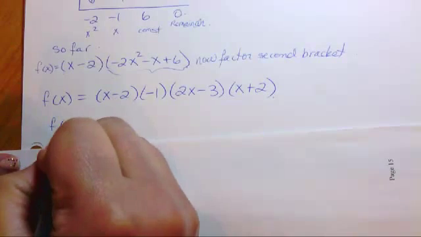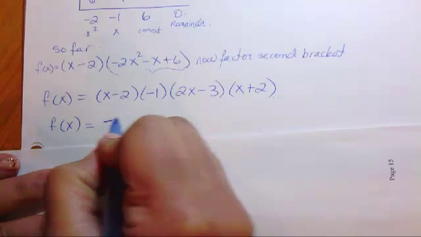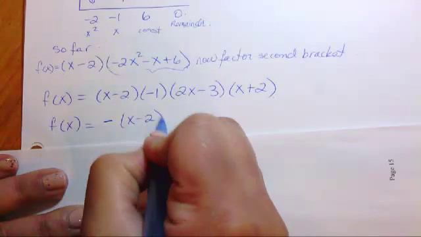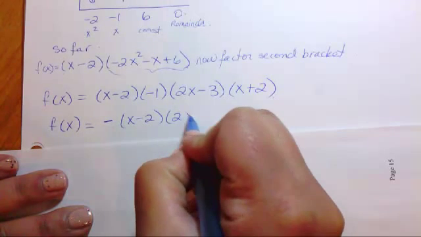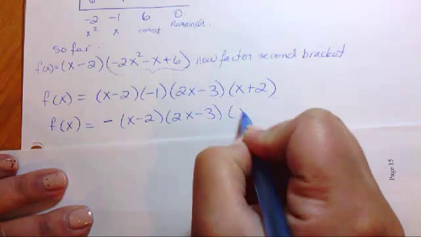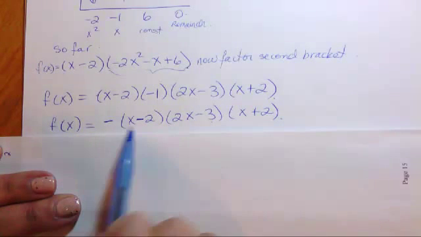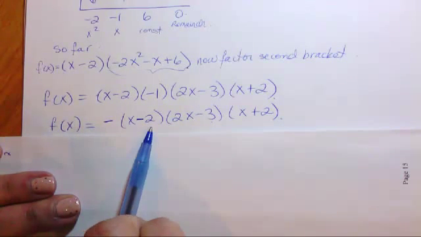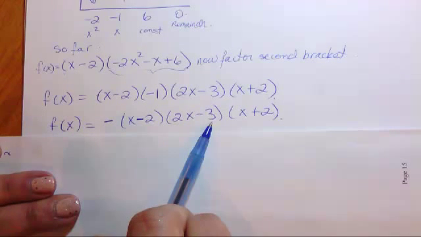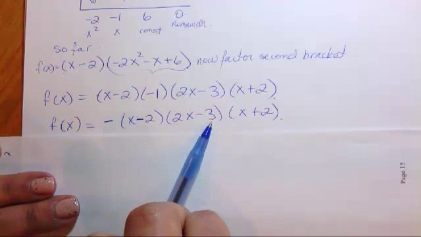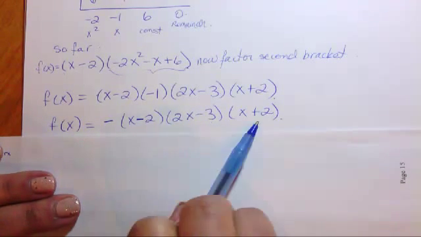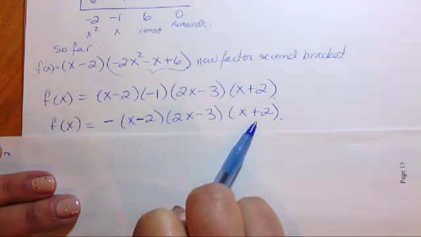So I've got f of x equals negative x minus 2, 2x minus 3, and x plus 2. So if I look at this now that I've written it, and if I set all of these brackets equal to 0 and solve for x in each case, for this one here I get x equals 2. This one here I get x equals 3 over 2, and here I get x equals negative 2.